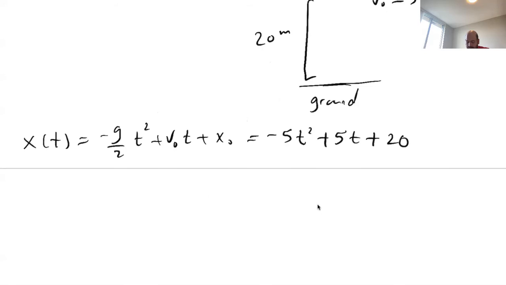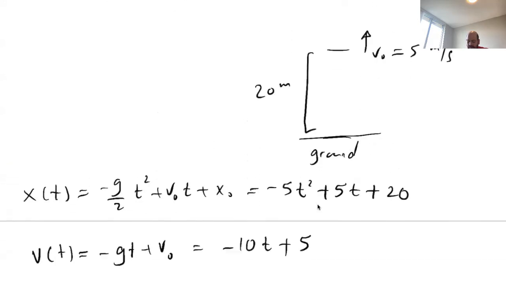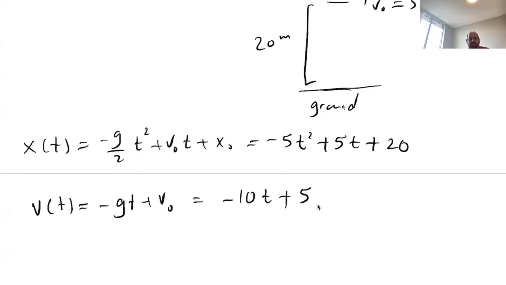And v of t is minus gt plus v0. So this is minus 10t plus 5. So now this is x of t, this is v of t. We had these equations before, we derived them before.